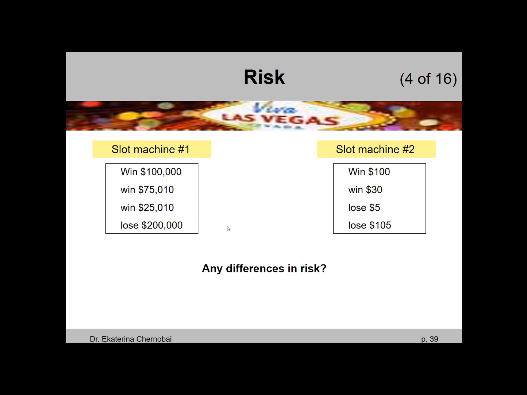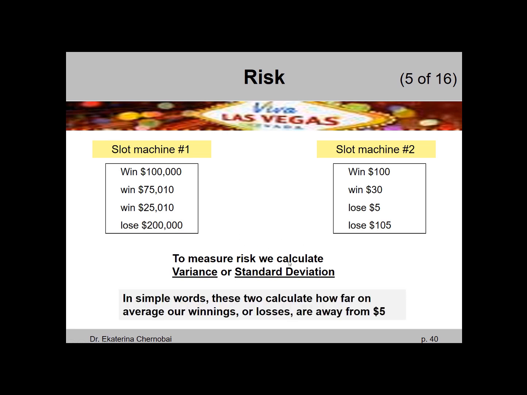We want to calculate something that tells us how far on average from the average we would be if we play each machine. This is exactly what the concept of the standard deviation does. So usually we calculate the variance first and then the standard deviation, but both tell us exactly the same information about the amount of risk.